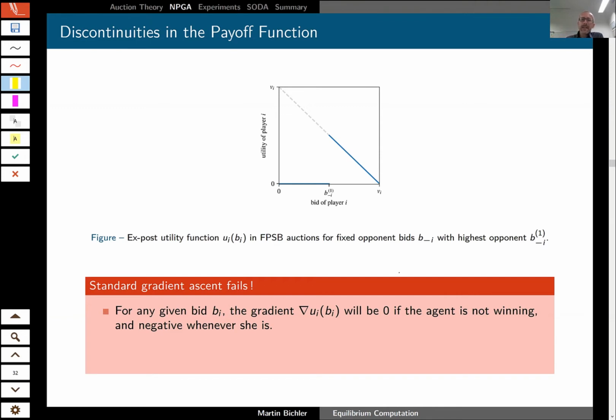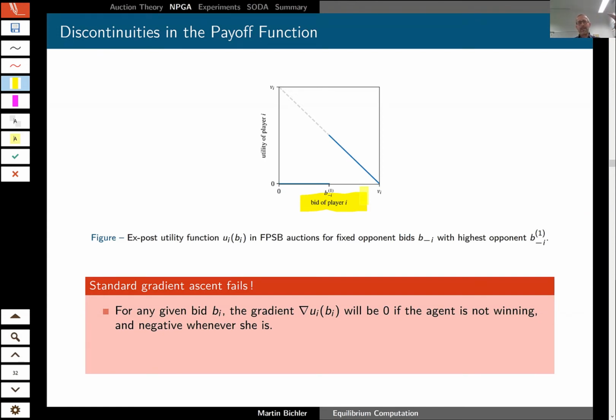It shows the ex post utility of a particular bidder if you played a particular auction, and B sub minus i is the highest bid of your opponent. If you bid below this threshold, the gradient is always null, because you don't win. If you bid higher than this threshold, the gradient is negative, because the higher you bid, the less payoff you have.